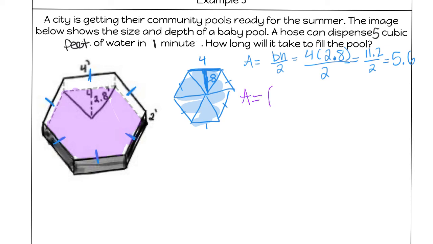Okay, so it's going to be 6 times 5.6. You should have gotten 33.6.